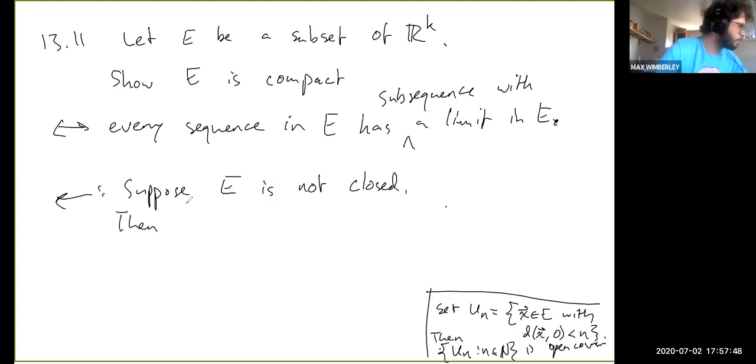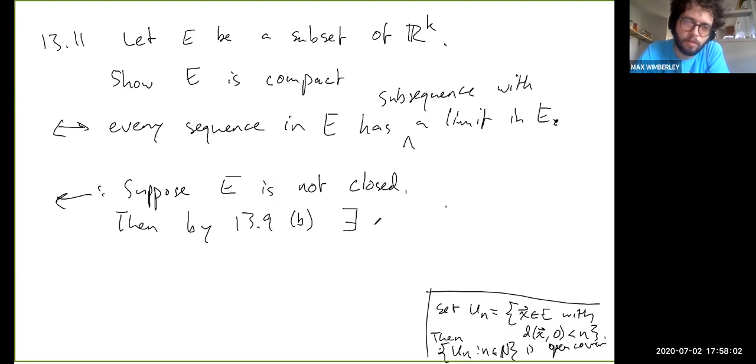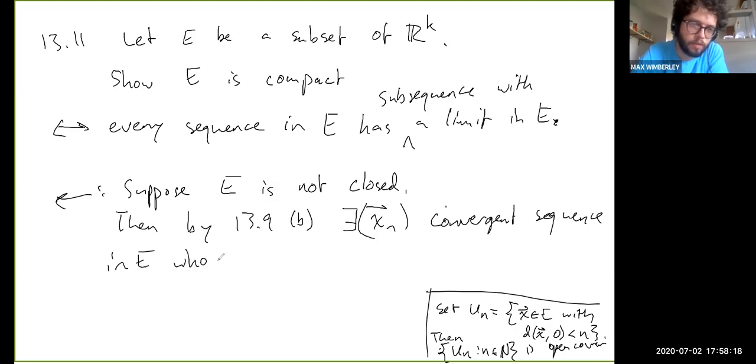Then, by 13.9b, there exists a sequence Xn, a convergent sequence in E whose limit is not in E. Okay.